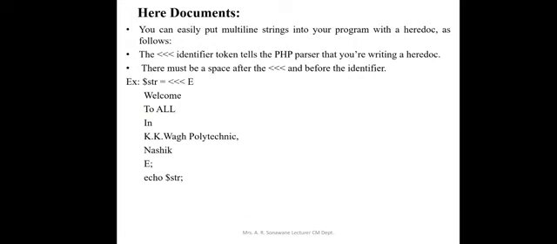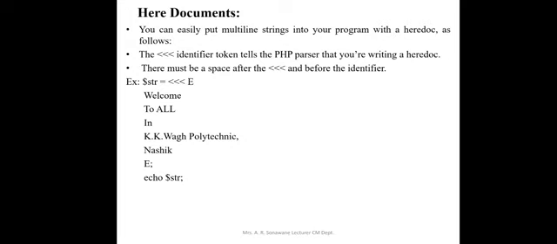Whenever you include a here document in your program, please include a space before and after the here document symbol. At the end of the here document, some identifier should be written which indicates the end of the here document. As an example, we are displaying a string $str equals space, here document symbol, again space and E, where E indicates the end of the here document statement.